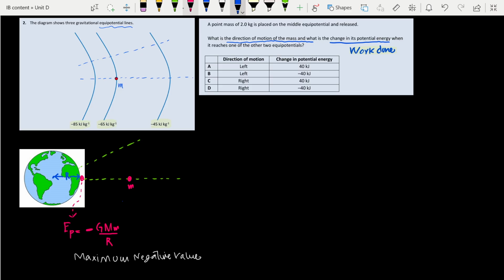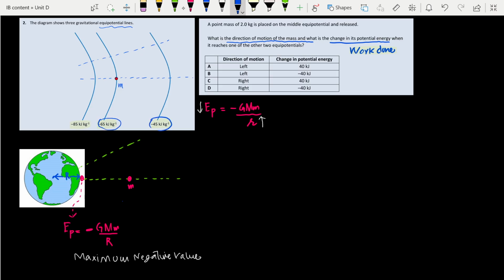So when you take the object away from the surface, this orbital distance, or the distance from the center, will increase, and when it increases, the potential energy will in fact become less negative. That's a very logical connection: if you increase this distance, then it will become less negative. That is exactly what we see in these equipotential surfaces.